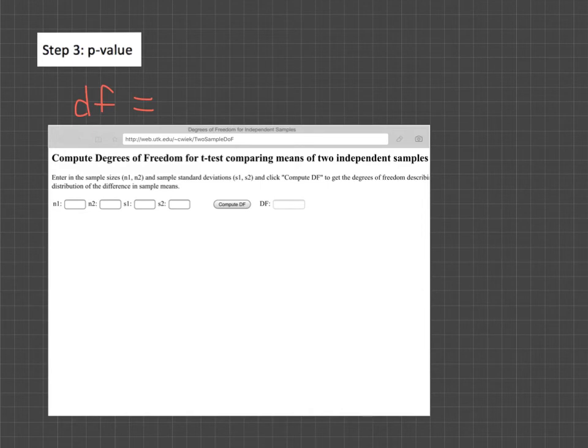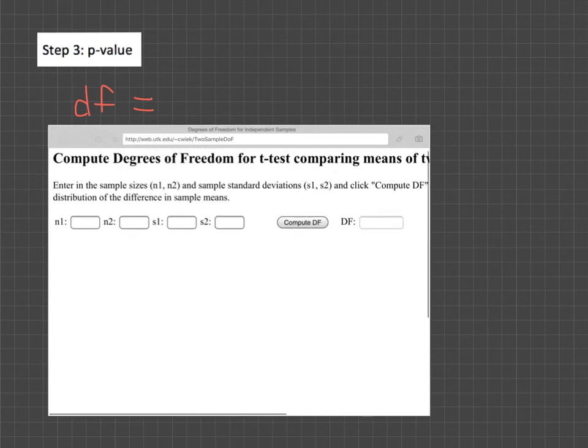So we need to plug in these different values. For the first sample, we've got sample size of 35. Second sample size is 30. The standard deviation for the first sample is 12.5. And for the second sample, it is 9.25.